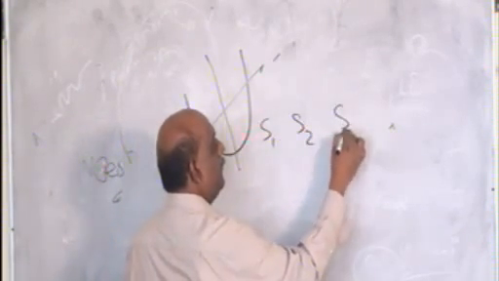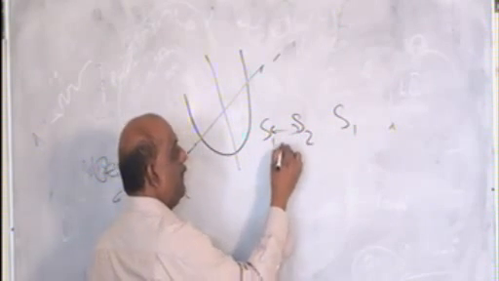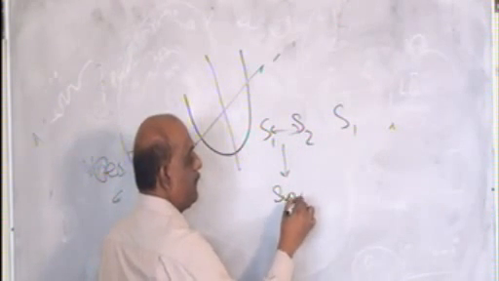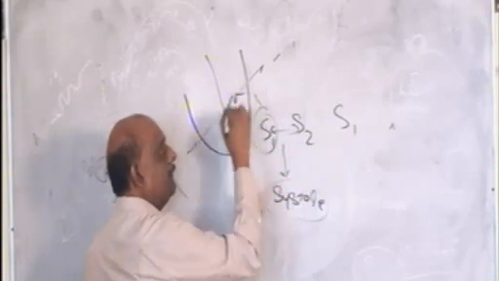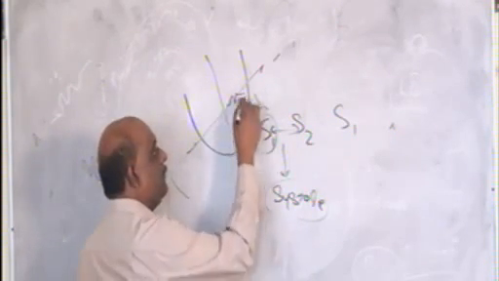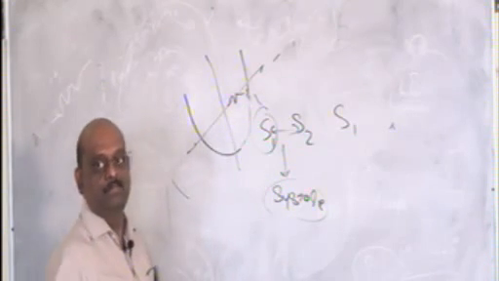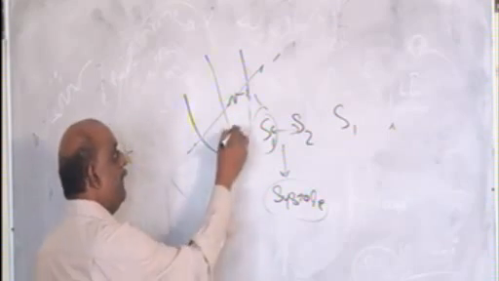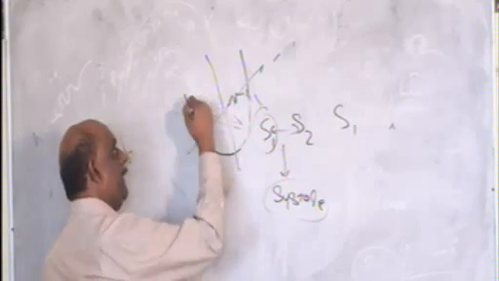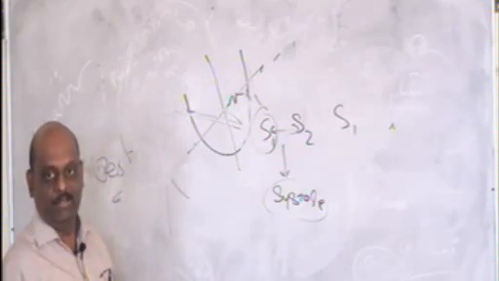S1, S2, S1. Between S1 and S2, what is it called? Systole. Why do you call it that? S1 means closure of the mitral valve. After the mitral valve closes, what will the ventricle do? The ventricle will contract and push blood into the aorta.